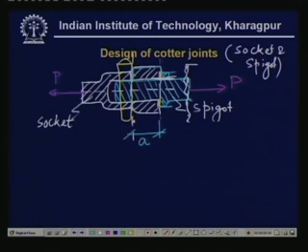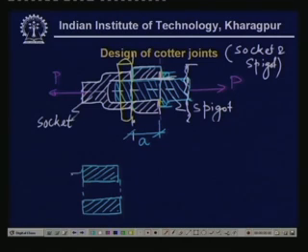Remember, we are dealing with the shear stress on that surface, and this part is subjected to the shear stress. Tau will be equal to P divided by this total area, which is this distance a times this part.